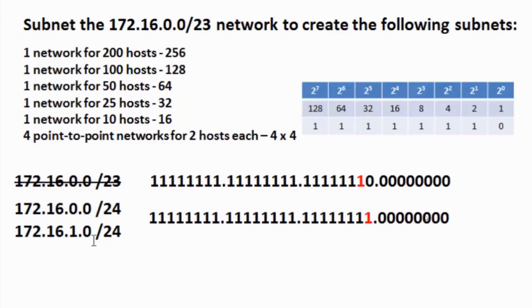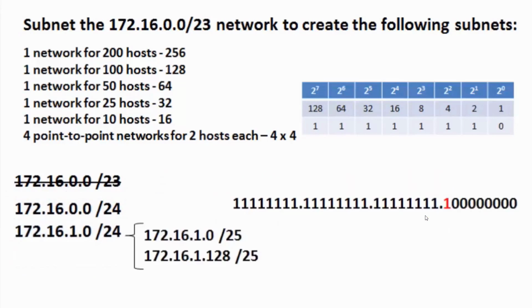This creates 2 networks, 0.0 and 1.0, each subnet having 256 or 8 host bits. Notice how the subnet mask has changed from /23 to /24, and I now have 2 256 host subnets. What I can now do is keep the first of these subnets and subdivide the second one.